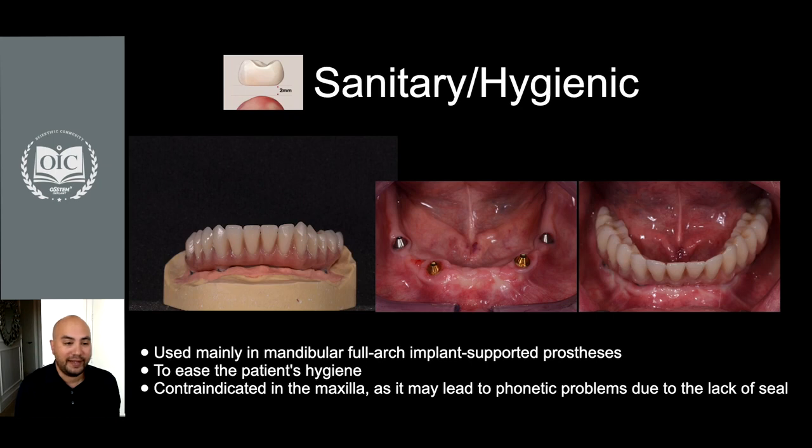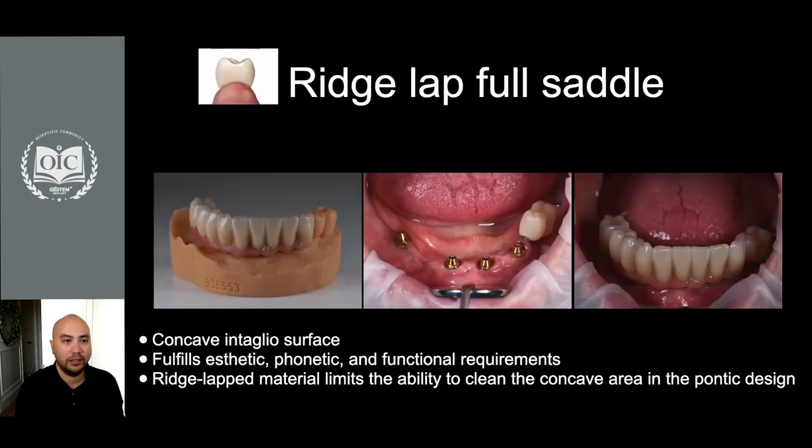It's not really indicated in the maxilla because it might lead to phonetic problems due to the lack of seal. Next option is the ridge lap full saddle with a concave intaglio surface. This solution fulfills aesthetics, phonetics, and functional requirements, but the ridge lap material limits the ability for the patient to clean, which is not really recommended.